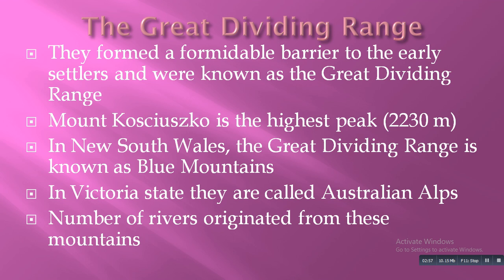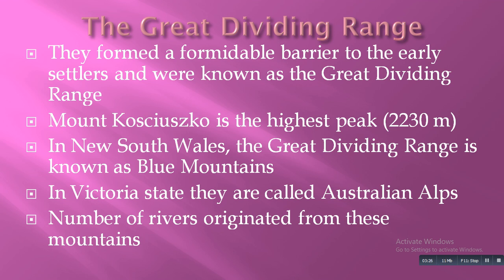In Victoria State, they are called Australian Alps. A number of rivers like Murray and Darling originated from these mountains and are used as a source of hydroelectric power. So many rivers also started from this Great Dividing Range, and the water from these rivers is used for generating hydroelectric power.